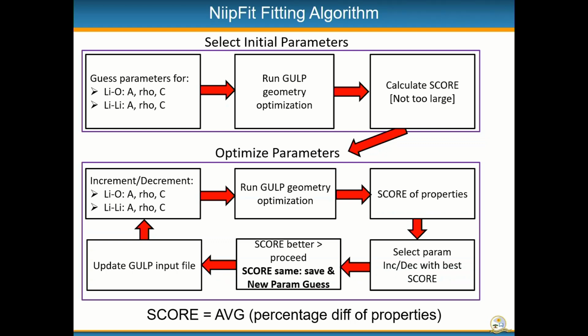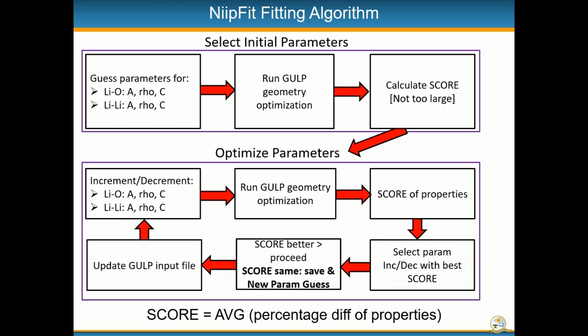This can be, by the way, the sum of squares. If that value is not too large, you can proceed with the next step. The reason you need these values to be small is that if it's too large, the program will take a long time optimizing those parameter sets. So it's better if you choose a value that's not that large.